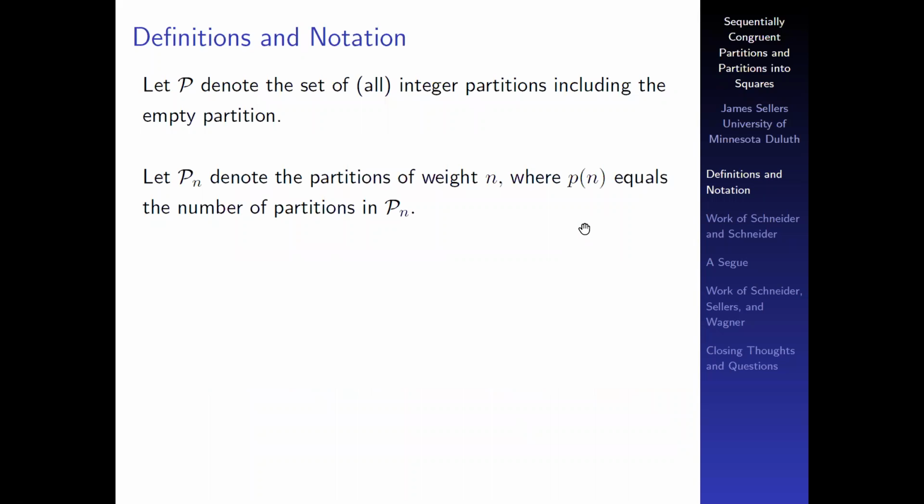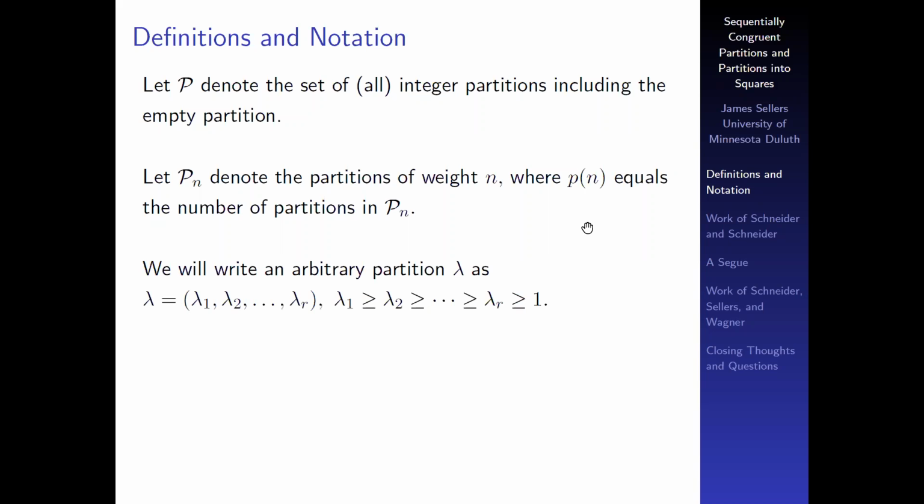And I will let that same P with the subscript N denote the set of partitions whose weight is N. So the sum of the parts of those partitions is exactly the positive integer N. And so we're going to let little p of N be the function that counts the number of partitions that are inside capital P sub N. In other words, the number of partitions of weight N. This is the usual unrestricted partition function.